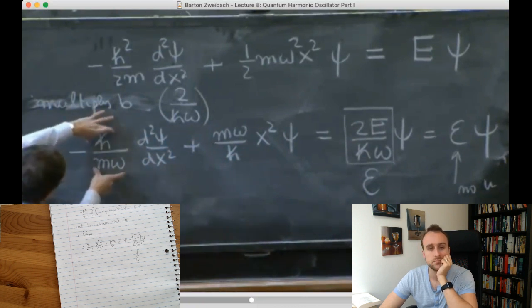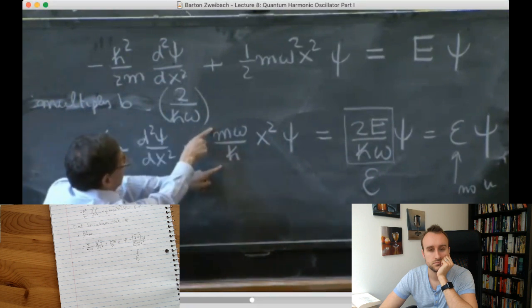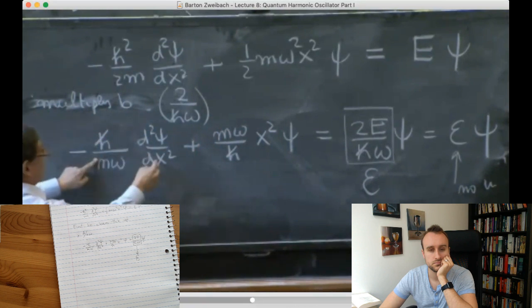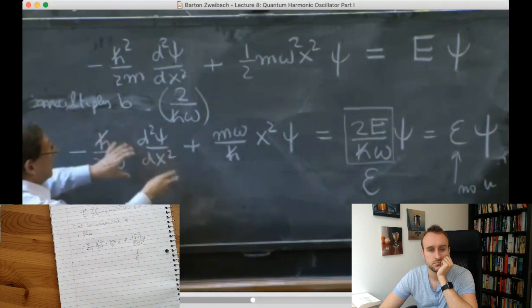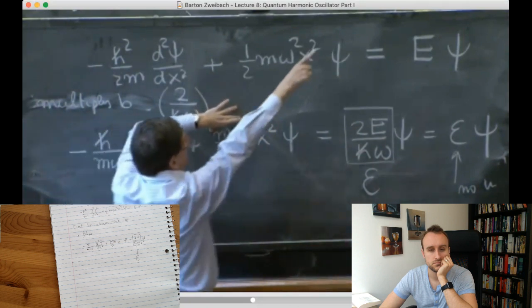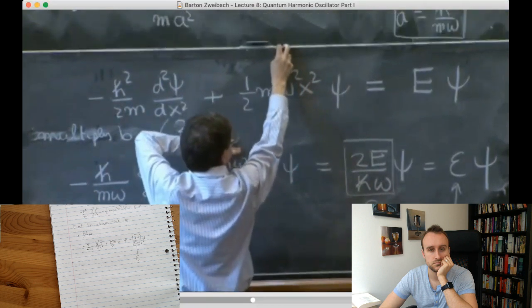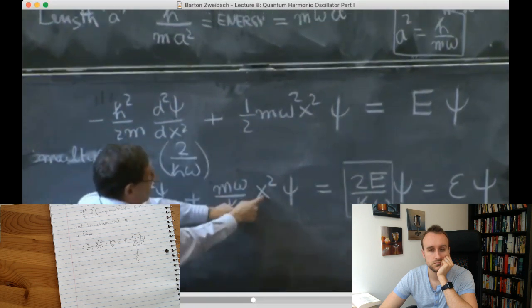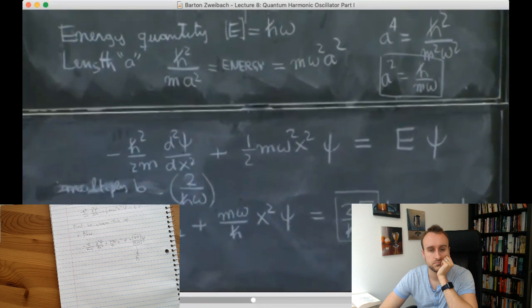Look, the same factor here, h bar over m omega, is upside down here. This factor has units of length squared. Length squared times the second derivative, 1 over length squared, has no units. And here is 1 over length squared times length squared. So things have worked out.